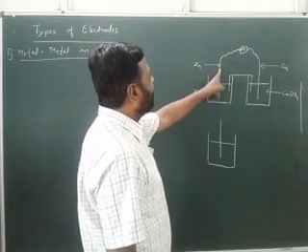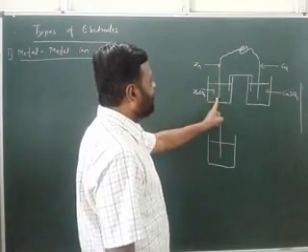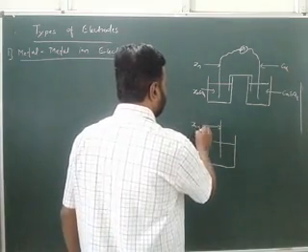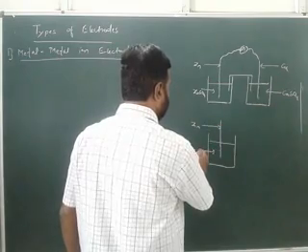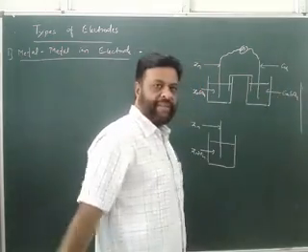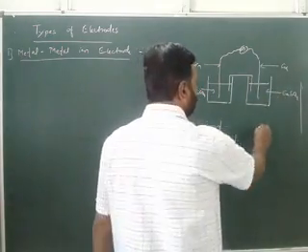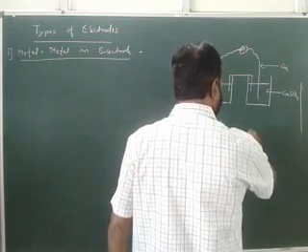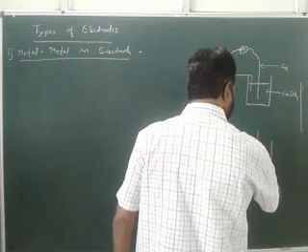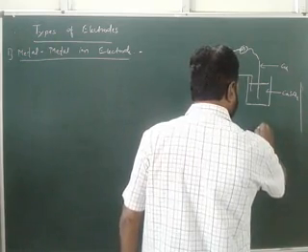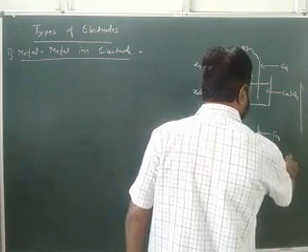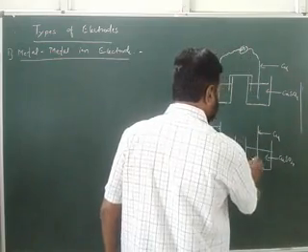So in Daniel cell, zinc is dipped into the zinc sulfate solution. This is the type of metal ion electrode. The right hand side electrode is also a metal ion electrode. Why? Because the copper metal is dipped into the solution containing its own ion, that is copper 2 plus.